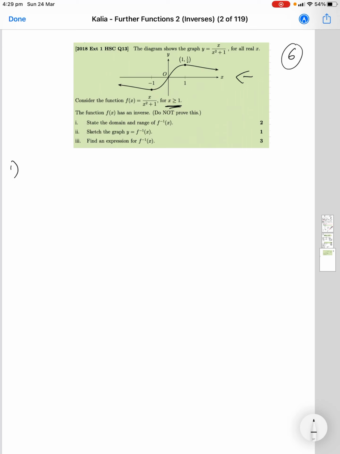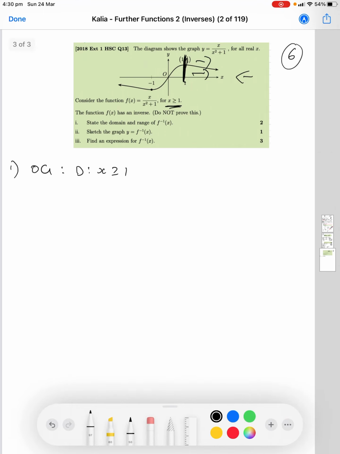Best part about this, we know that the domain of the... So let's look at the original, because the domain of the original is the range of the inverse, and the range of the inverse is the domain of the original. So for the original, the domain, it's x is greater than or equal to 1. We're just looking at the function from this point onwards there. That's all we're looking at. Just that area there, that region there.